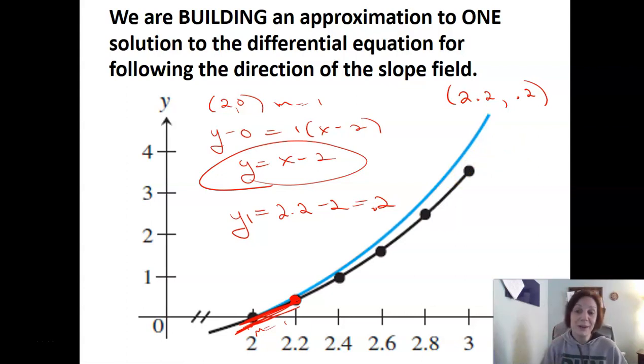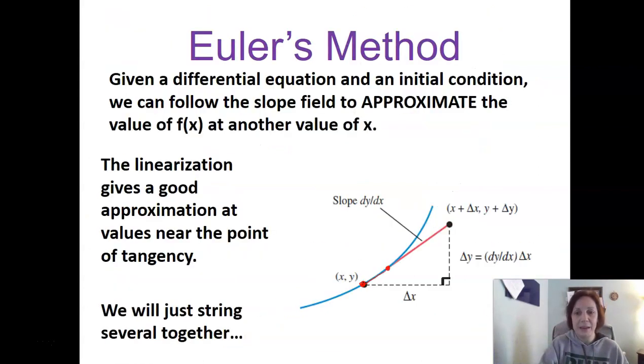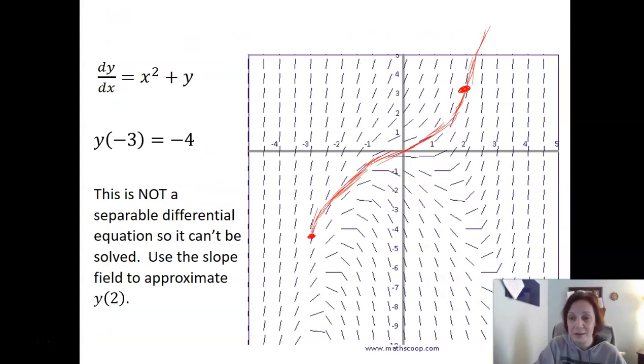So what we're doing is the same thing we were doing here. We're just taking very measured, specific steps. Instead of just eyeballing it and going, I think it goes this way, we're actually going to write the equation for a tangent line, follow it a step. Write the equation for a new tangent line, follow it a step. Write the equation for a new tangent line, and create a little string of tangent lines.